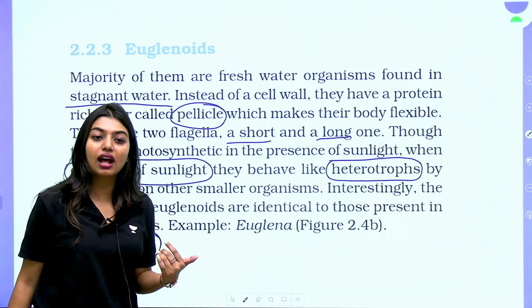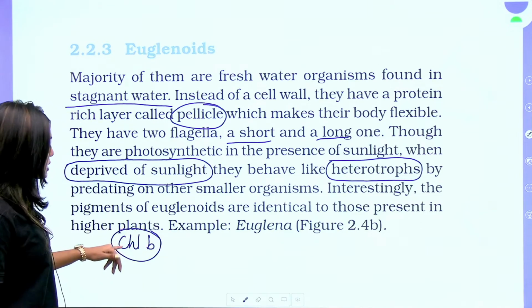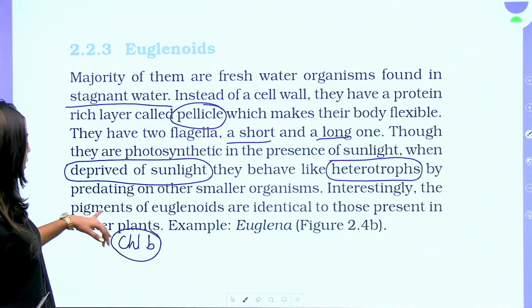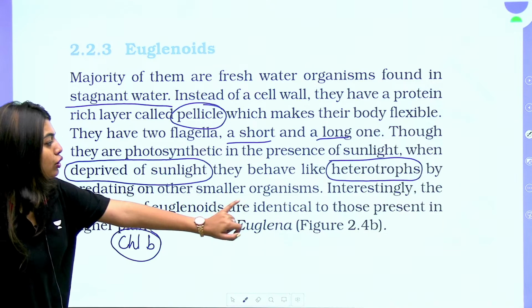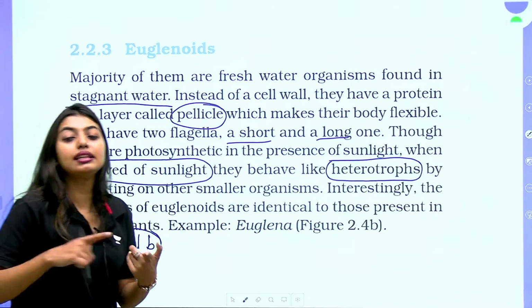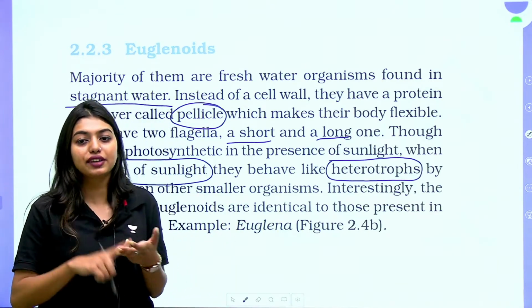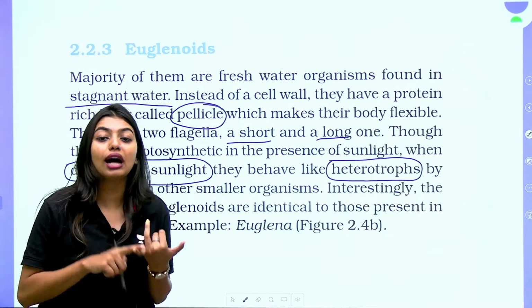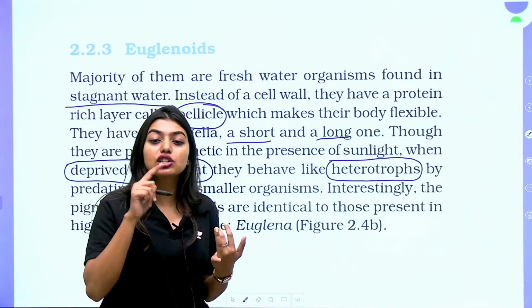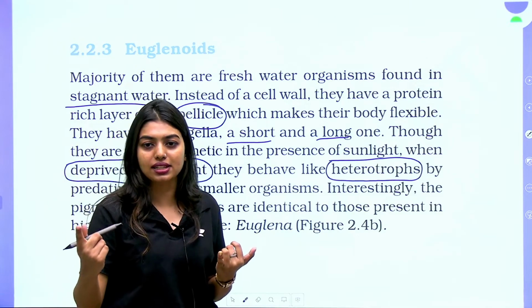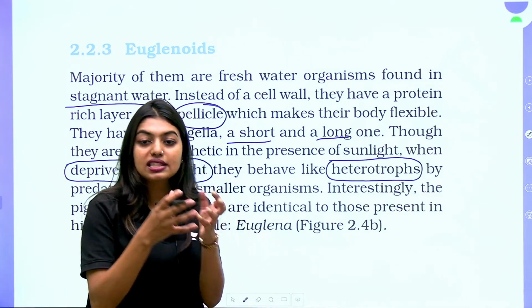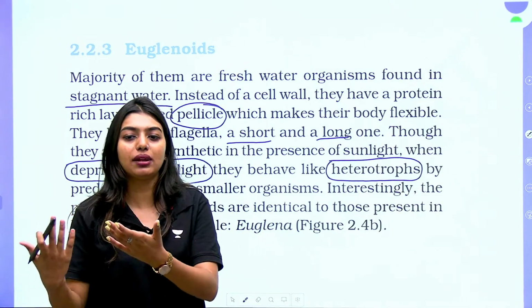This is why they say the pigments of euglenoids are identical to those present in higher plants. They have chlorophyll A, xanthophyll, carotenoids. They also have chlorophyll B, which is only present in higher plants. So, Euglena has the pigment that is present in higher plants.